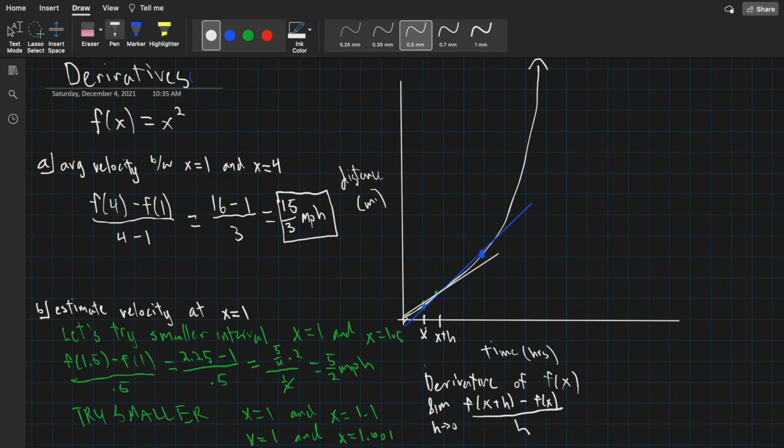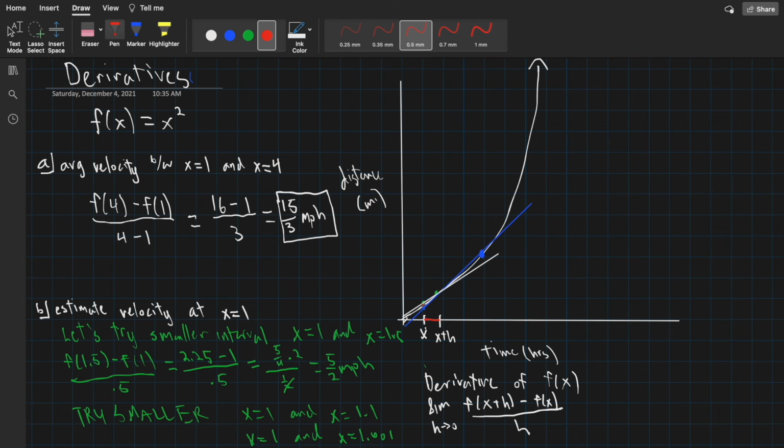So what we're really doing is we're taking our average and we're trying to get a smaller and smaller interval to get a better idea of what the instantaneous rate is at x. So when we're talking about the limit as h approaches 0, we want to shrink this interval as small as possible and keep averaging over a smaller and smaller interval to get a better idea of what's happening at our point x.